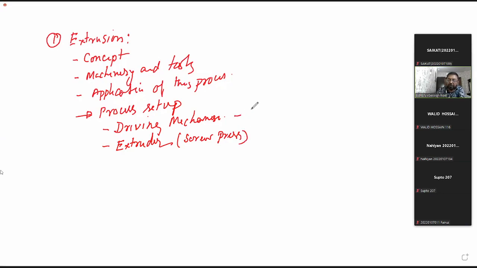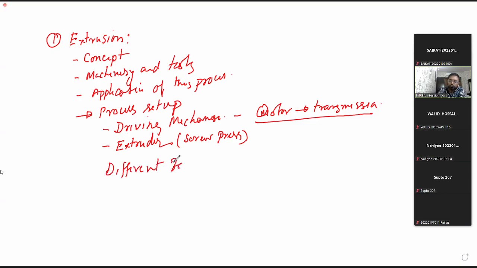The driving mechanism consists of the motor, then transmission. Motor plus transmission gives us the driving mechanism. The extruder, we have said, has different zones of the extruder.